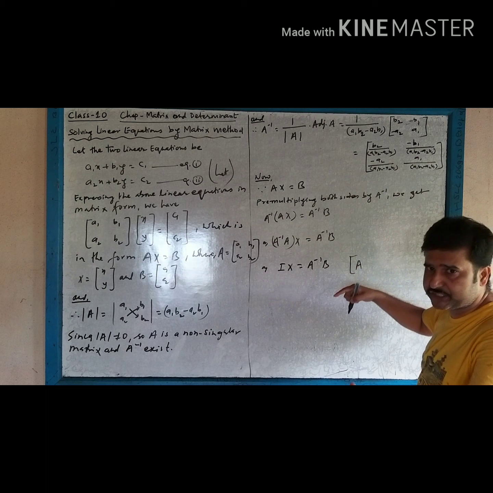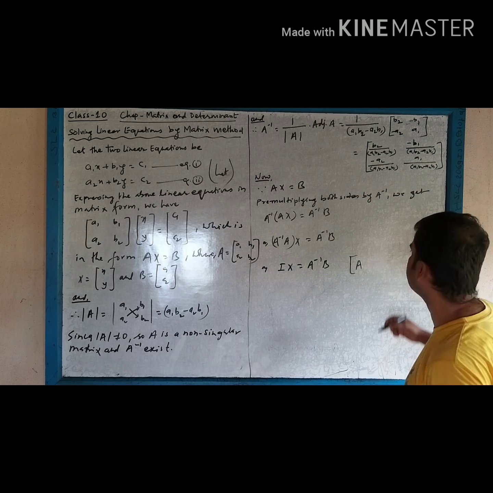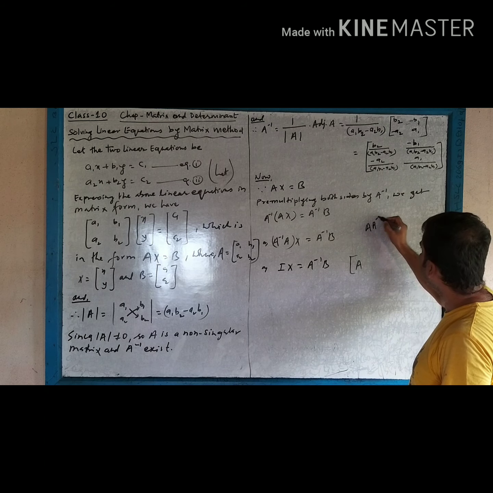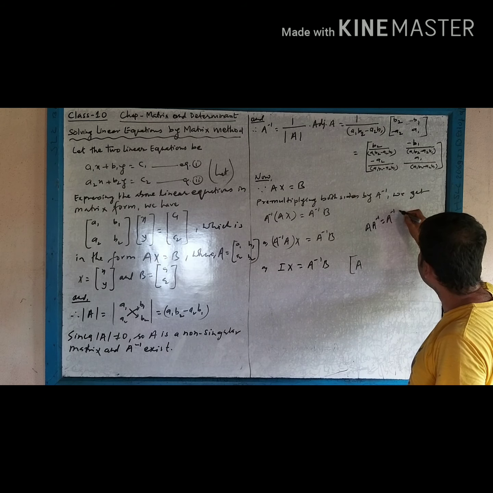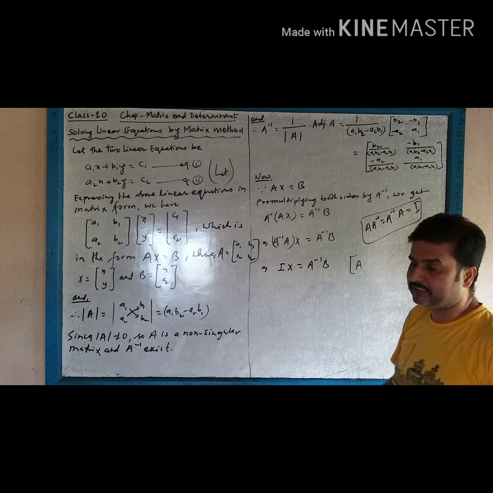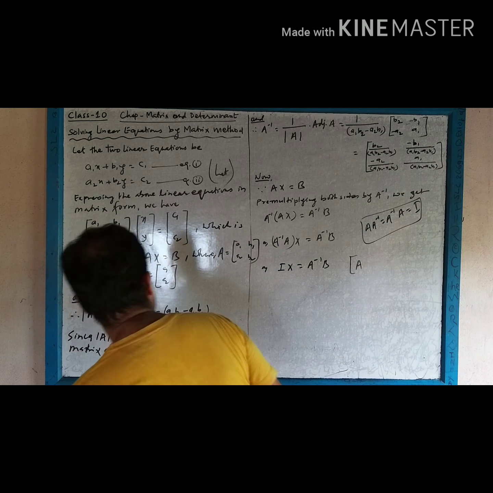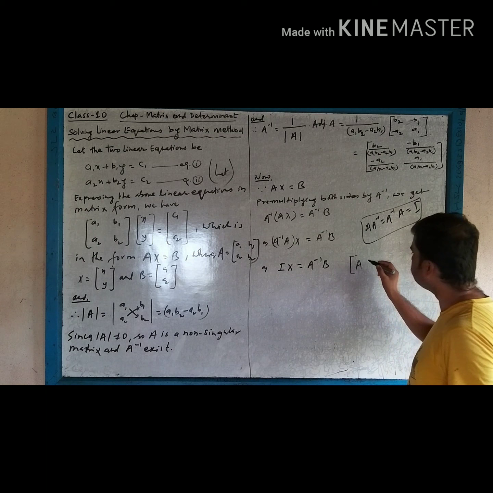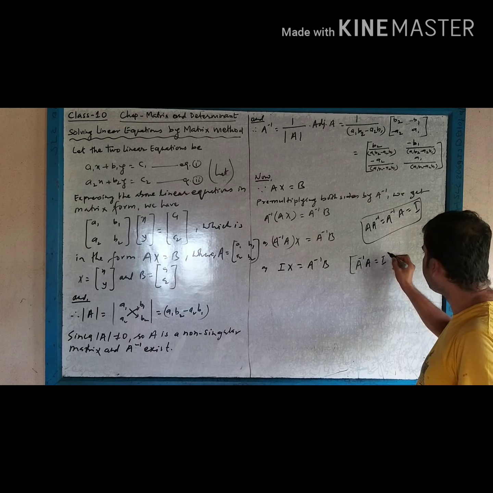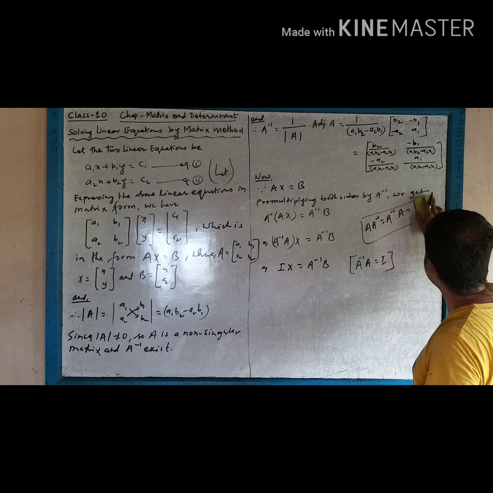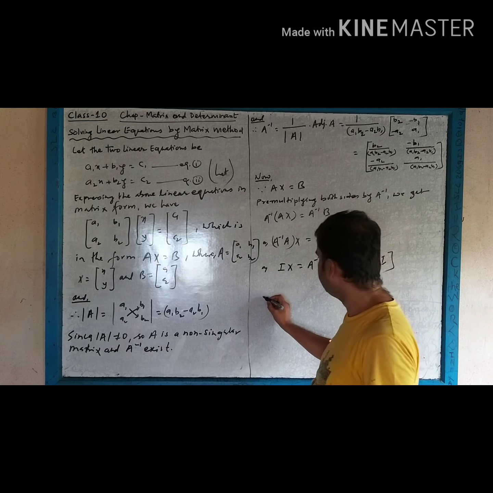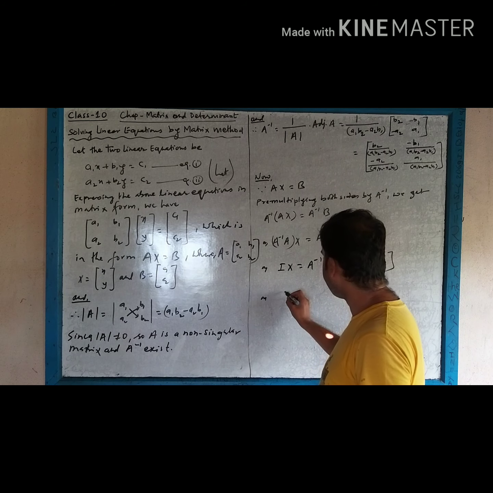We have already studied this in class 9 and in the beginning of class 10: A inverse A is equal to the identity. So finally we have A inverse A resulting in an identity matrix.